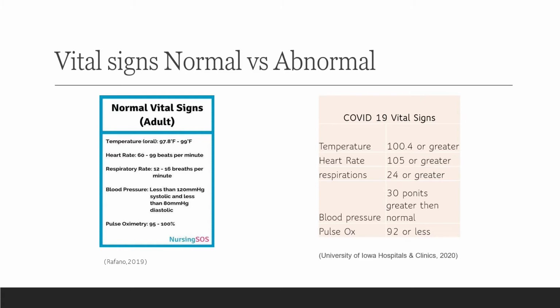When we're talking about vital signs, obviously everybody differs. You have patients whose temperatures are between 97.8 and 99 degrees. That's pretty typical in an adult patient, to have a variation in their temperature.